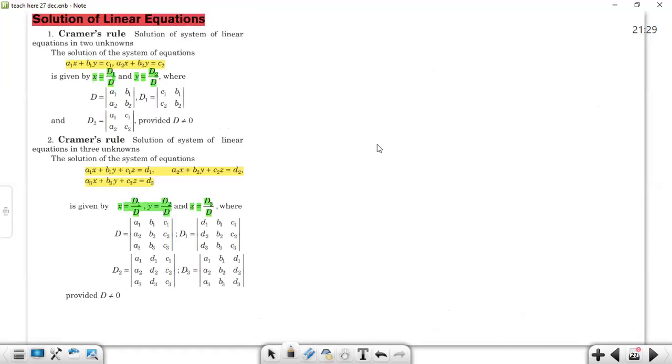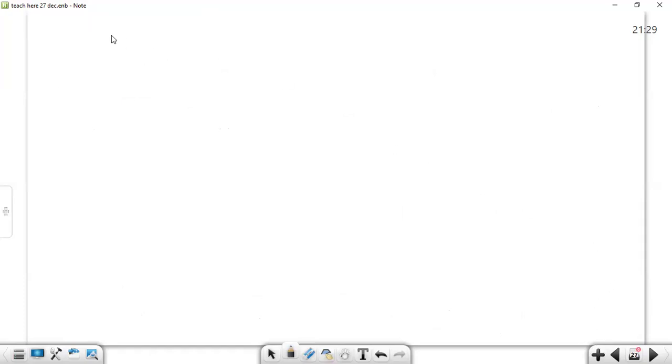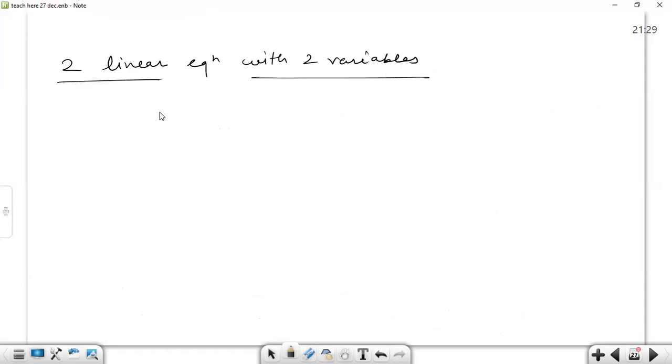Now this particular thing is going to be really important. In earlier classes, when we had to solve two linear equations with two variables x and y, let's say there's an equation a1x + b1y = c1.